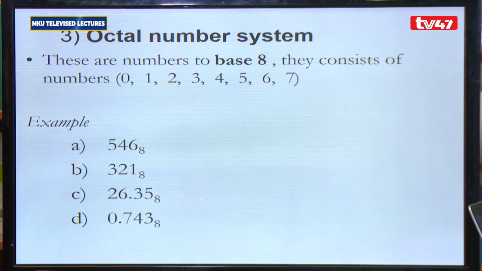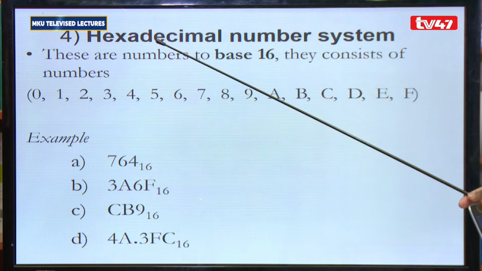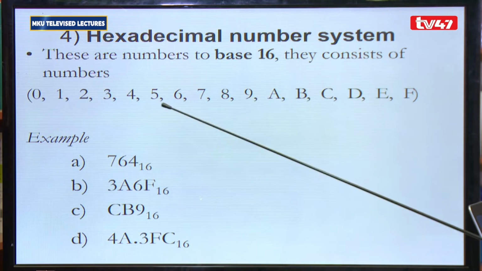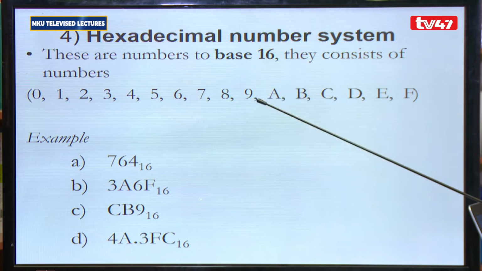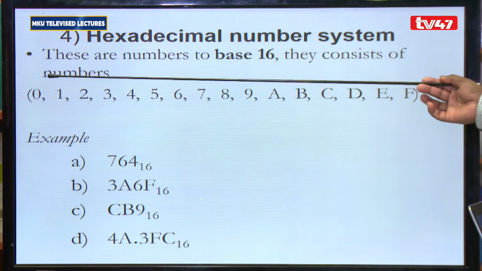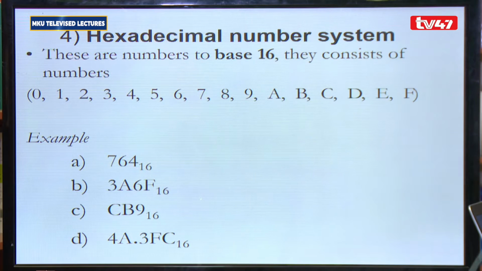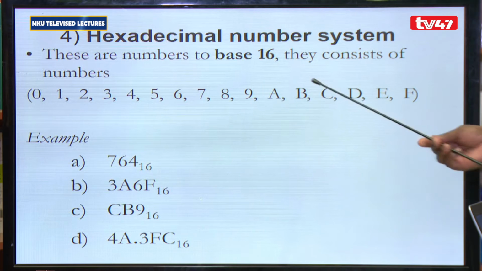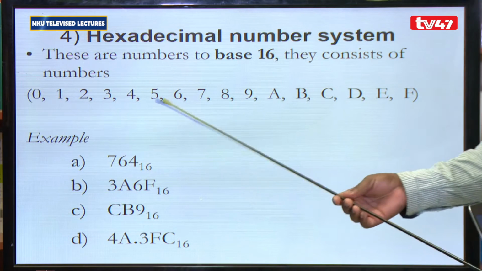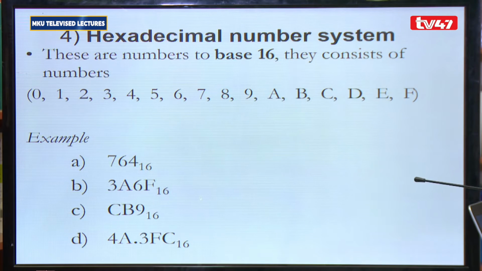And then lastly, we have hexadecimal numbers. These are numbers to base 16, and they consist of the numbers 0, 1, 2, 3, 4, 5, 6, 7, 8, 9, then after 9, A, B, C, D, E, and F. After 9, we don't use 10 as a value, because when you write 10 here, you'll have 1 and 0, which are already represented as separate values.